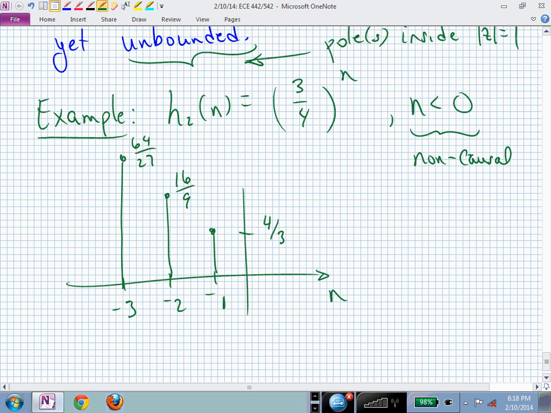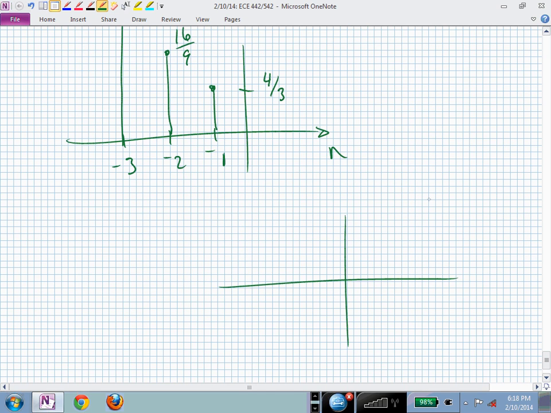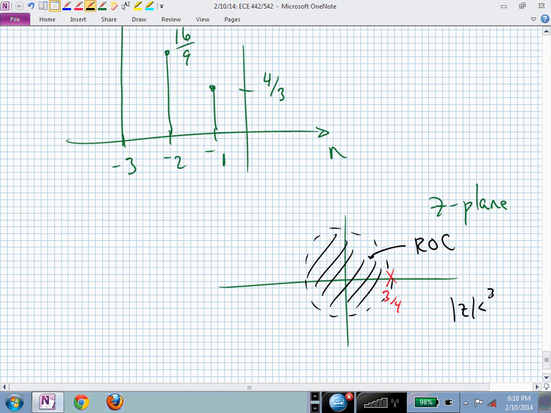And the region of convergence here is interior to 3/4, which is what it needs to be in order for our z-transform to converge in that infinite sum.